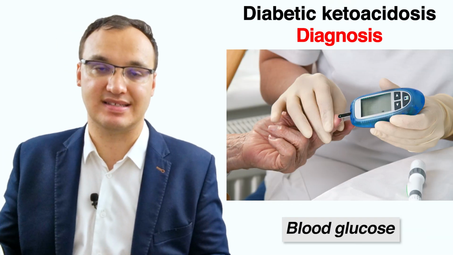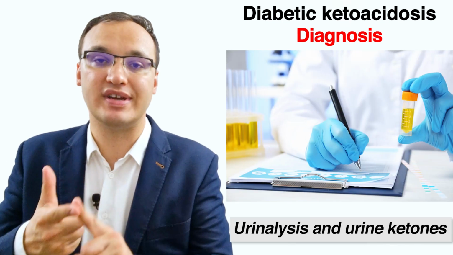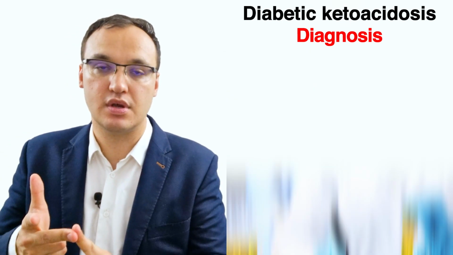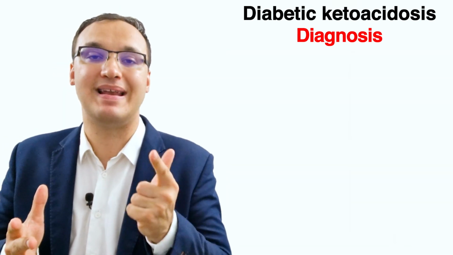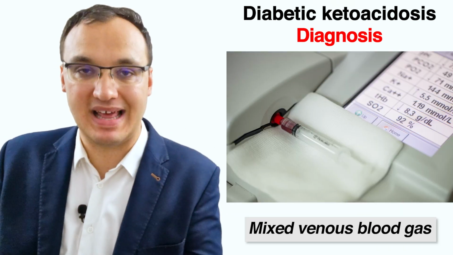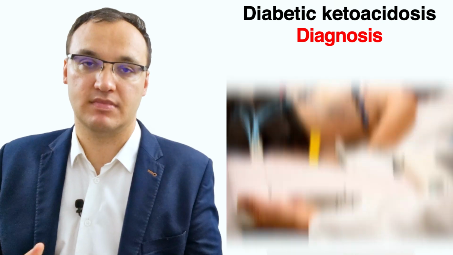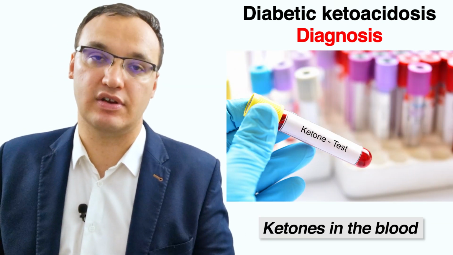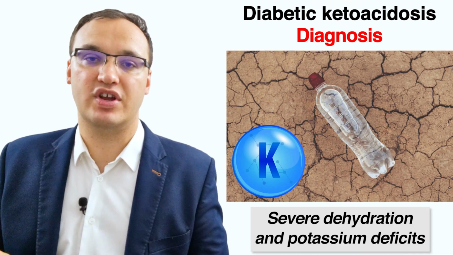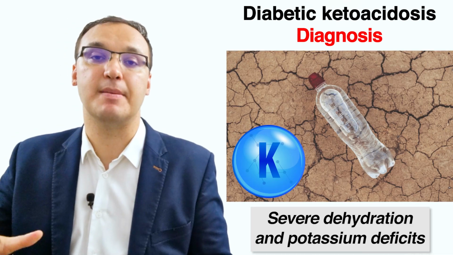These lab tests include blood glucose, urinalysis, urine ketones, blood electrolytes, blood urea nitrogen, creatinine, plasma osmolality, venous blood gas, and ECG. If there are ketones in the urine, ketones in the blood are also analyzed. Often the dehydration and potassium deficits can be very severe.